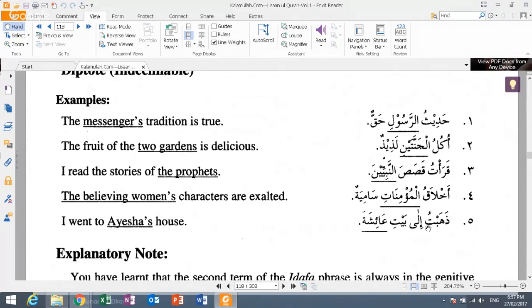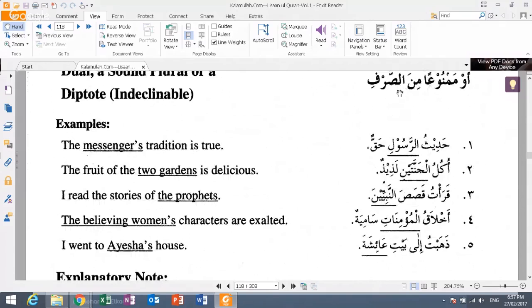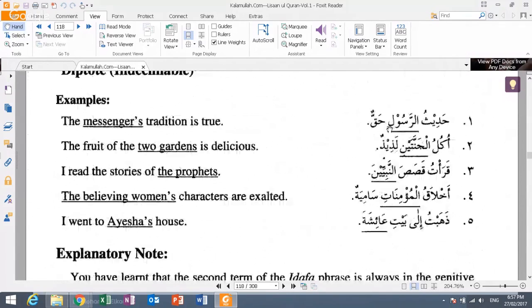Now, the fifth one is called mana min as-sarf, mamnu min as-sarf, or ghayr munsarif. ذهبت إلى بيت عائشة, ta. So this ta is actually majroor, but we cannot put the kasra on it.